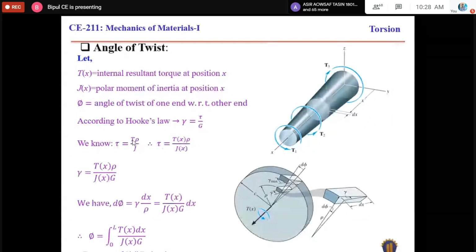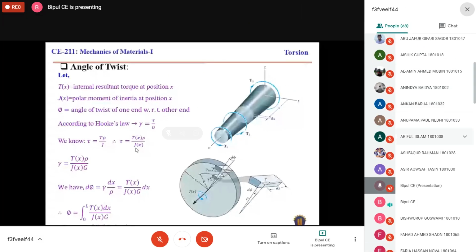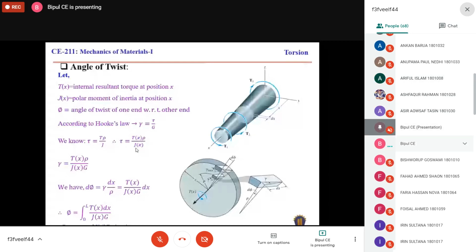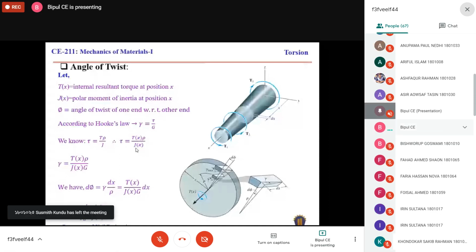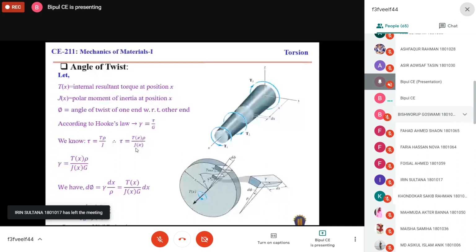If you substitute this expression in this equation, the equation of shear strain will be this.